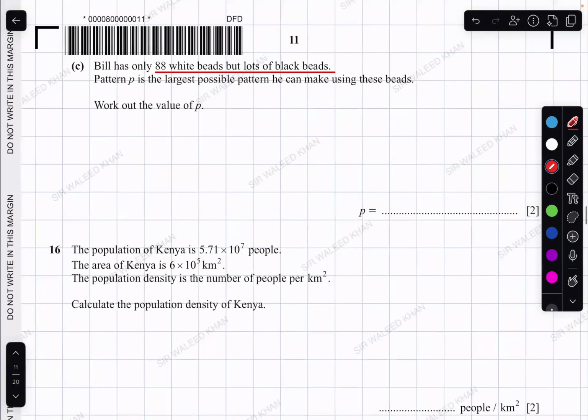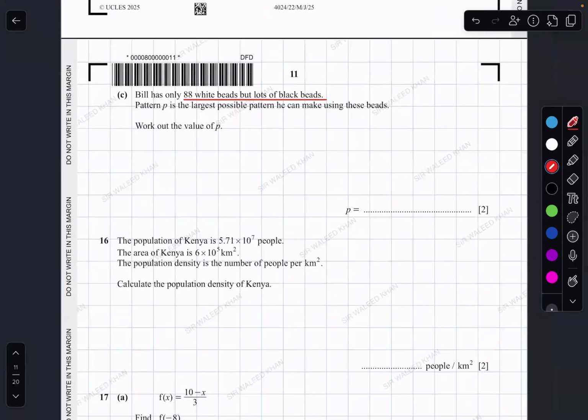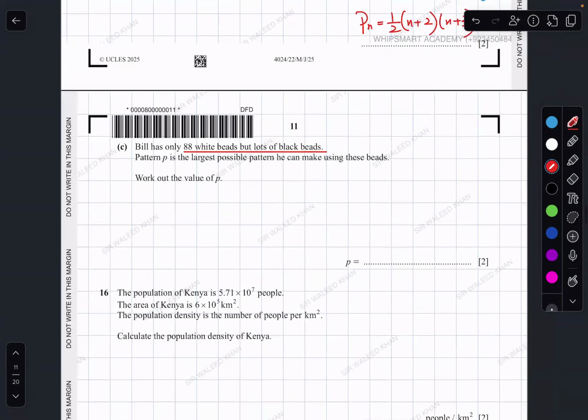Okay, Bill has 88 white beads. If 88 white beads and a lot of black beads, so I can see that white beads are limited. And black are unlimited. So if I use information for the white beads, black beads are a lot of them.